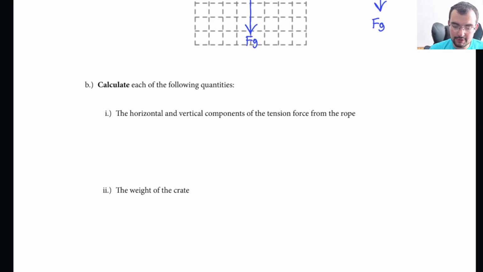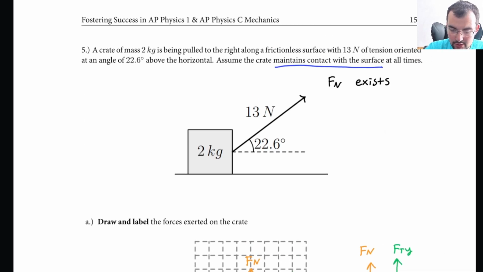All right, let's first find the horizontal and vertical tension components. So we know that this is going to be trigonometry. We have that nice horizontal angle, so it is just our usual sort of expected triangle here. Where this will be 13 cosine 22.6 degrees, and this will be 13 sine 22.6 degrees.